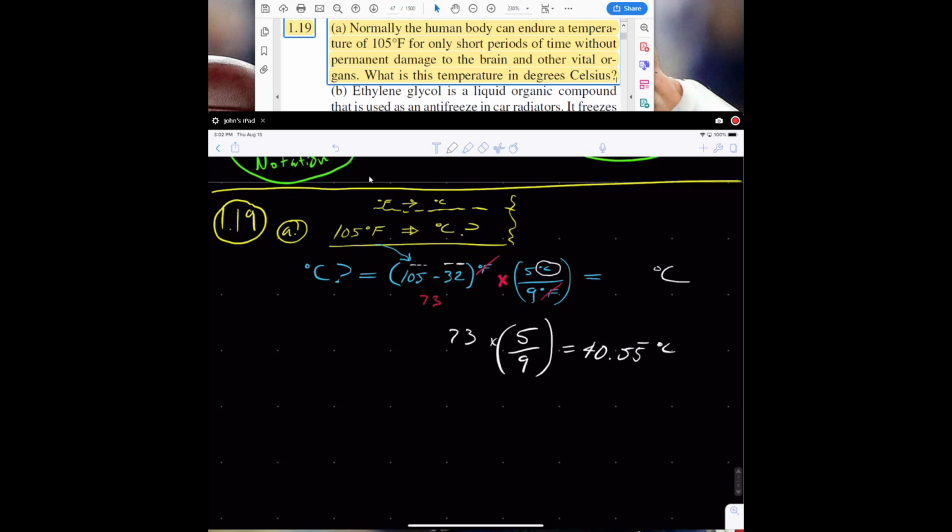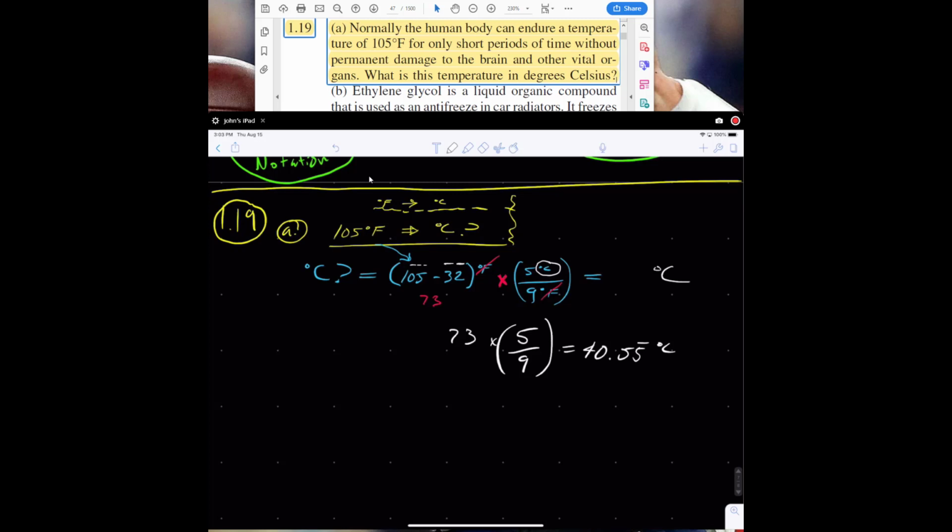So because we have 2 sig figs, we're going to keep 2 sig figs. And the 5/9 are arbitrary, so we're not going to say 1 sig fig for these, okay?